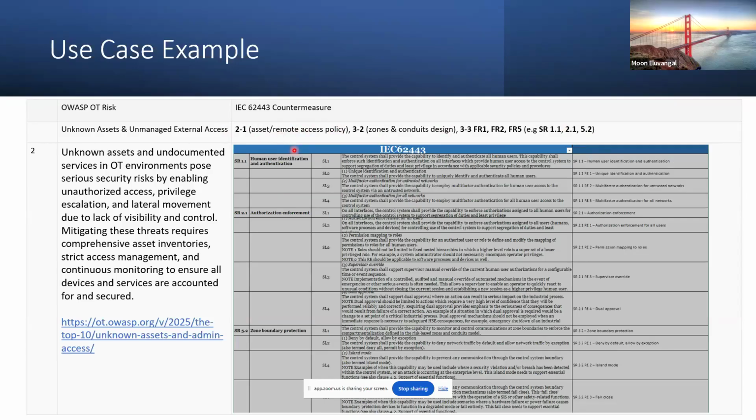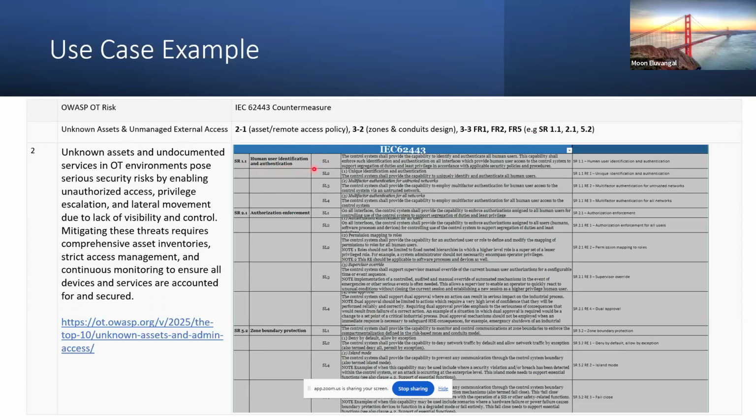So I have not put that one here, but I have put this 3-3. Like I already explained, there are 7 FRs, and in each FR there are security requirements. So this particular threat can be mitigated if you implement these cybersecurity requirements.